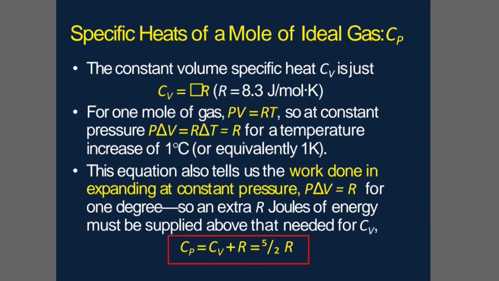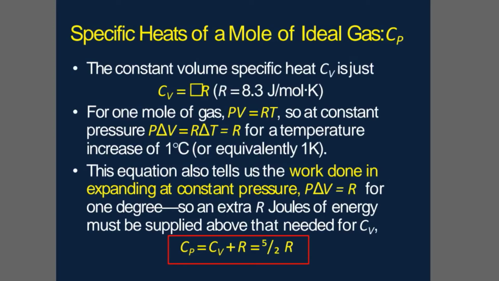Specific heats of a mole of ideal gas, Cp. The constant volume specific heat CV is just (f/2) R. For 1 mole of gas, PV equals RT, where n equals 1. So at constant pressure, P delta V equals R delta T, which equals R for a temperature increase of 1 degree Celsius, or equivalently 1 Kelvin.